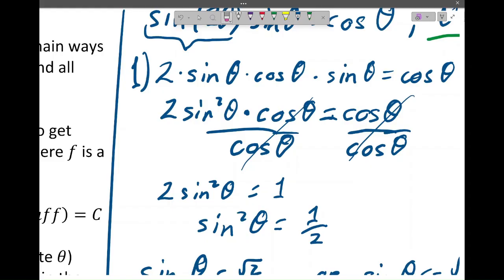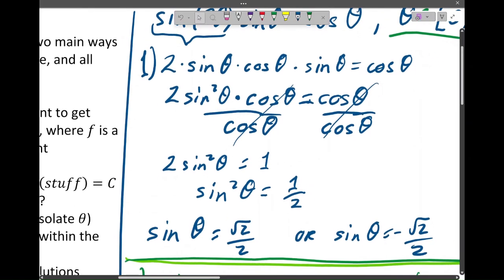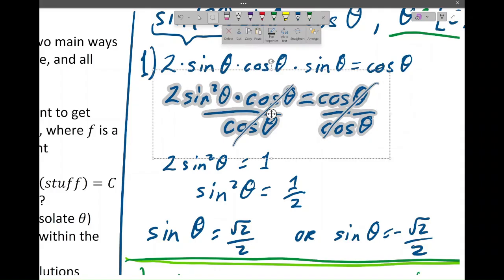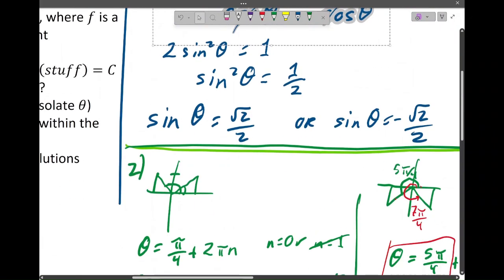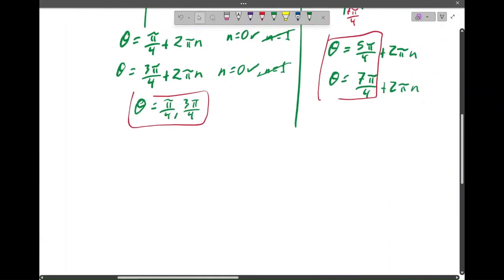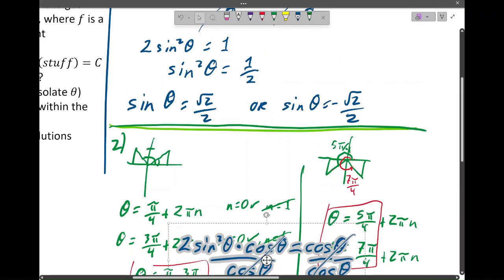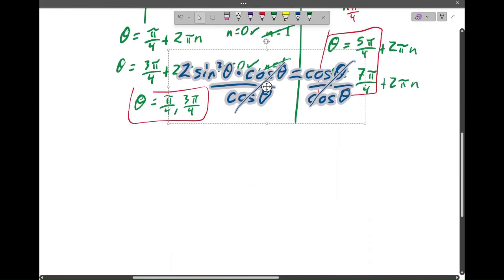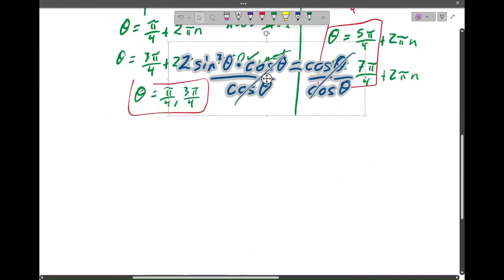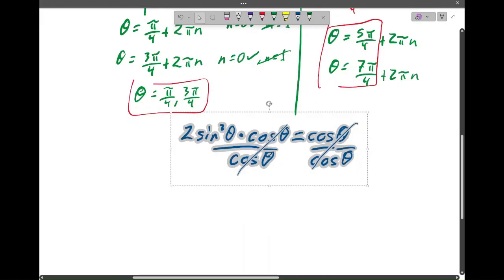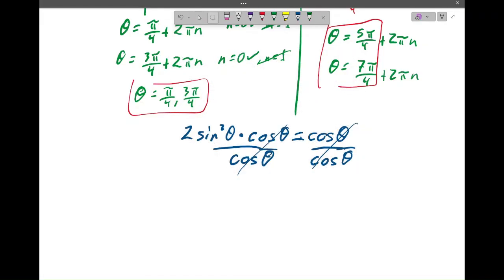Okay, so how do I work this out? Well, here's the idea. Let me copy this and paste it. Okay, so here's the deal.